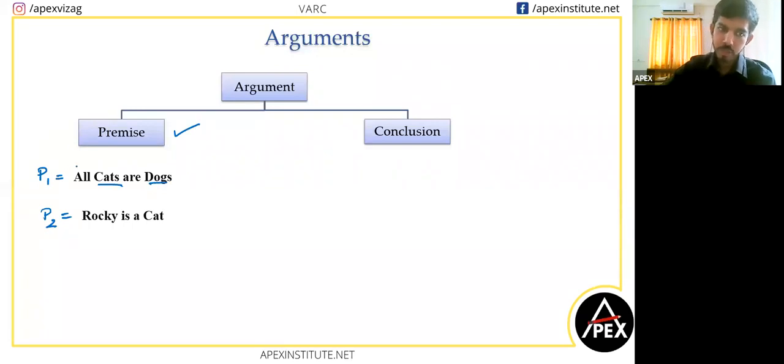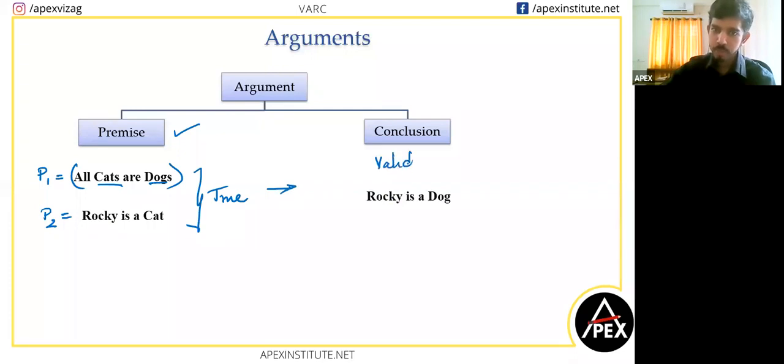But for the sake of the argument, we have to assume all cats are dogs. And for our question in the exam, what we have to judge is if these both premises are true, then is this conclusion valid or not? That is what all of our questions need us to judge. Valid or invalid.